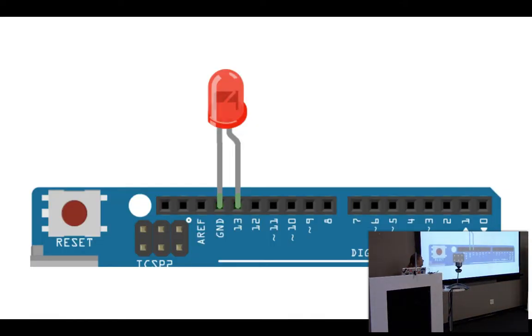This is how our LED is connected to our Arduino. And this is my disclaimer: don't try this at home. Don't connect your LEDs directly to your boards. You need to use resistors, because if you don't use resistors, your LEDs could blow. Now, these development boards have some built-in resistance in them.